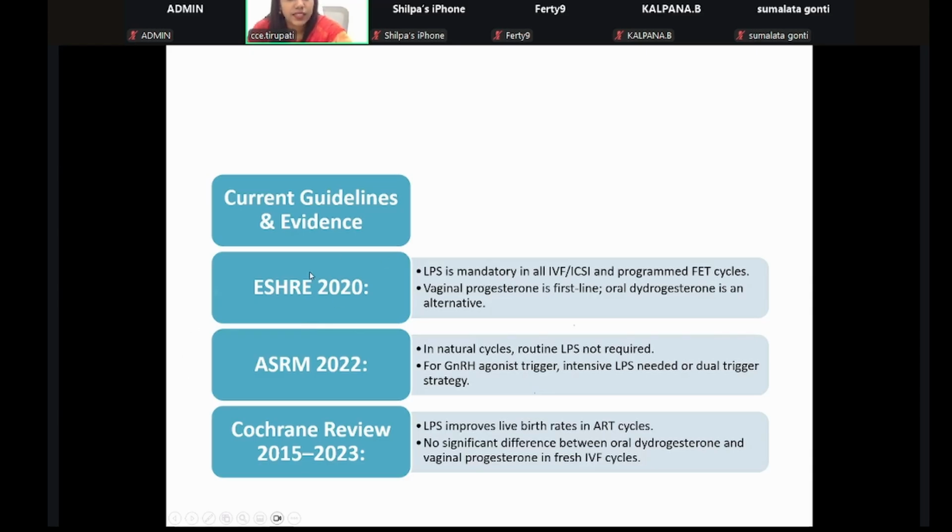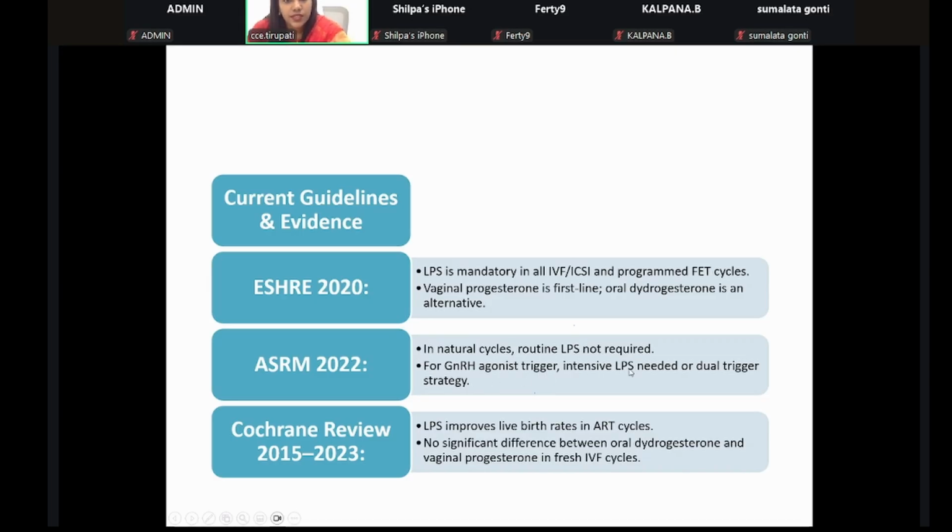All the recent guidelines like H3, ASRM, Cochrane say that LPS is mandatory in all IVF ICSI and programmed FET cycles. And I'll be telling you all the preparations which we use for luteal phase support. Vaginal progesterone is the first line according to H3, and oral dydrogesterone is an alternative. In natural cycles, routine LPS is not required, but we can supplement in selected cases.